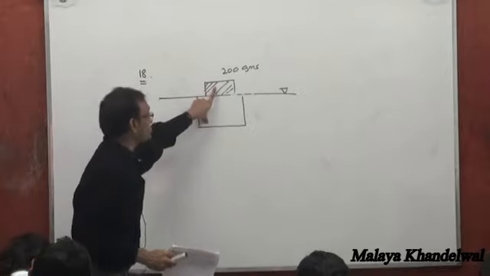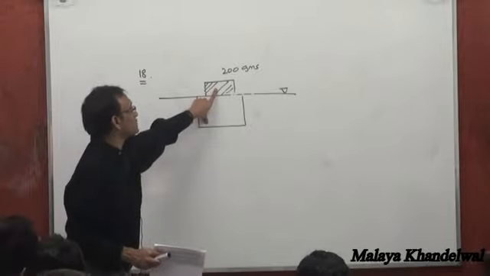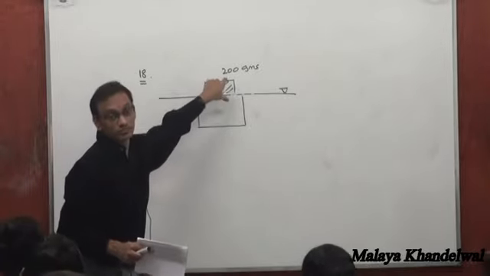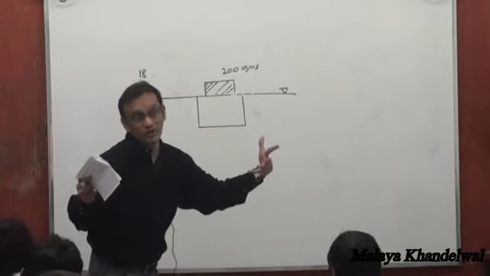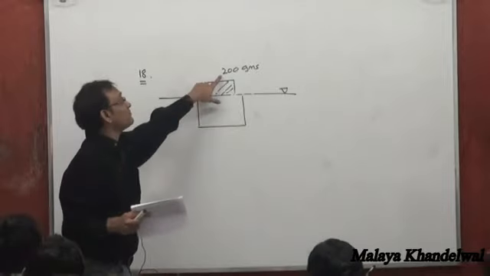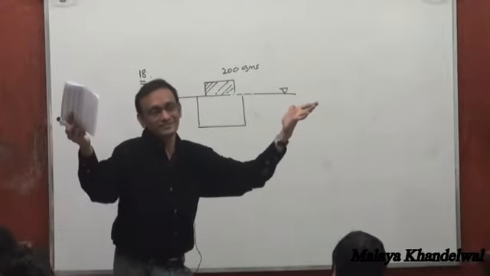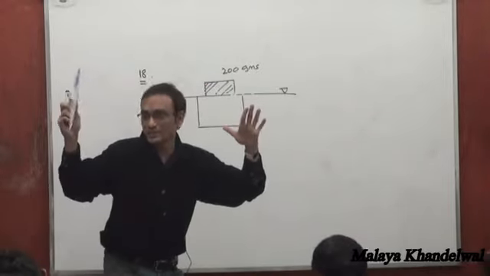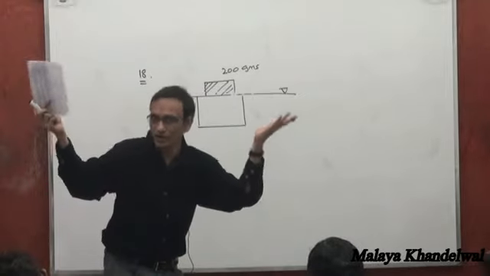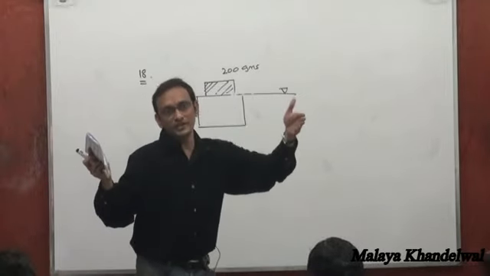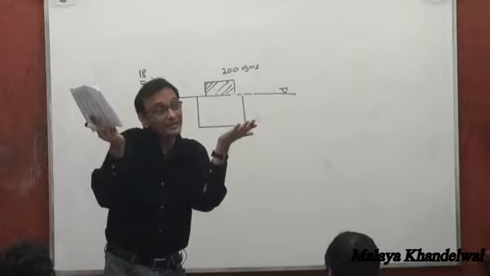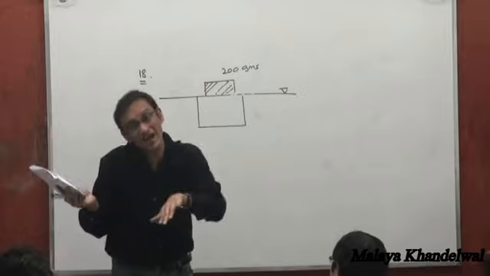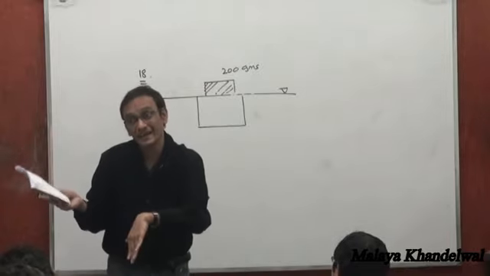The contribution to the water displaced is 200 grams because of this. This by itself must have displaced 200 grams of water. That means it must have displaced 200 cc of water. Now when you remove it, it will rise up, so it will displace 200 cc less now.